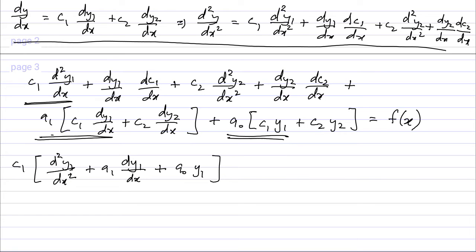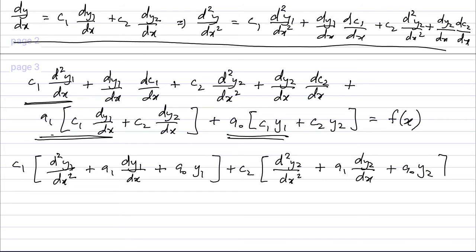Then you do the same game with c2. So c2 times d2y2 by dx2 plus a1 dy2 by dx plus a naught y2. This term and this term.